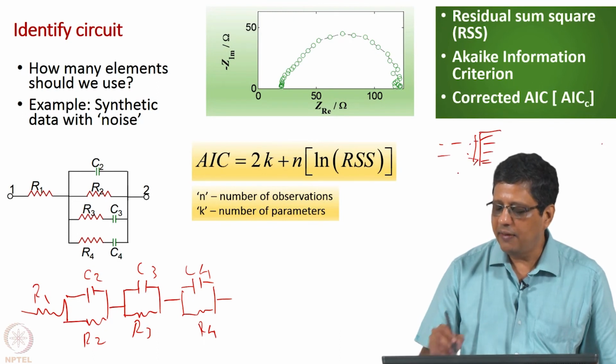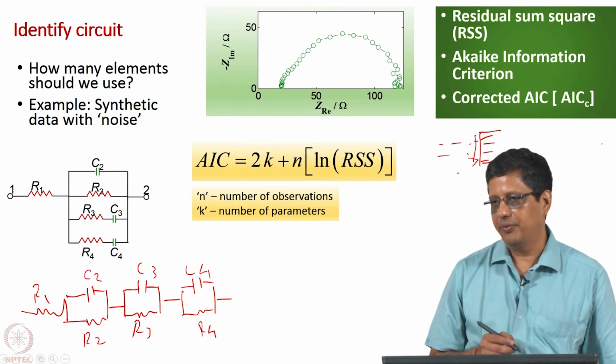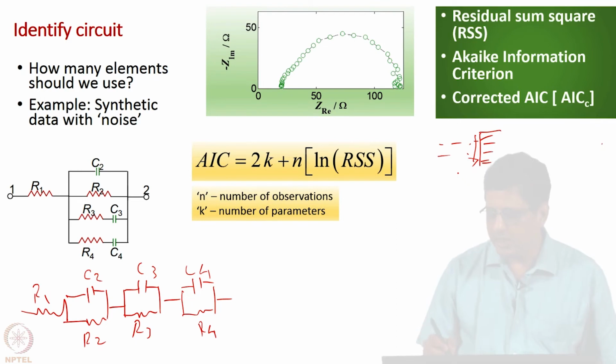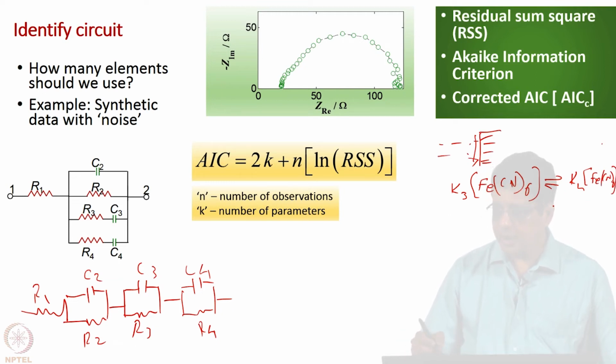Now, remember this: let us say this is electrolyte, this is an electrode, this is a double layer, and we expect a very simple reaction to happen here. A standard redox reaction is K3FeCN6 to K4FeCN6, with electron transfer. In this case, I know that the reaction can be represented by a simple resistor.